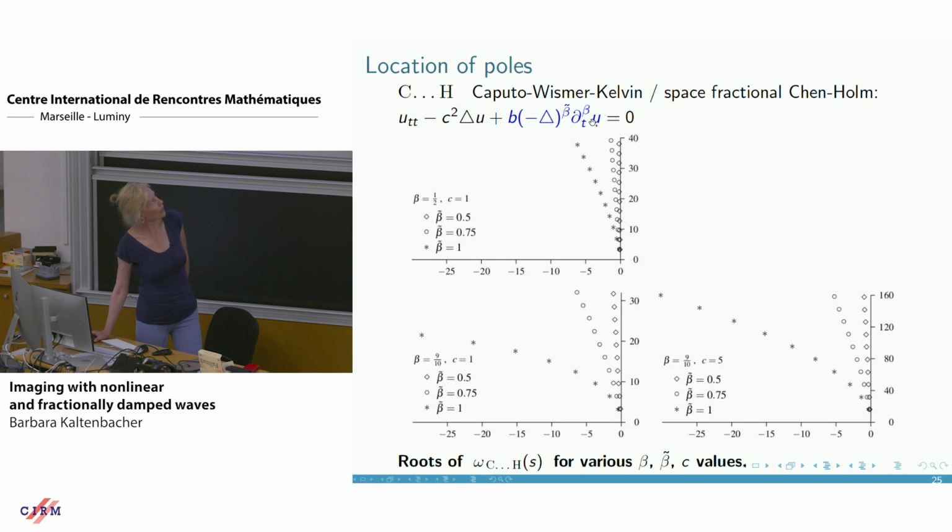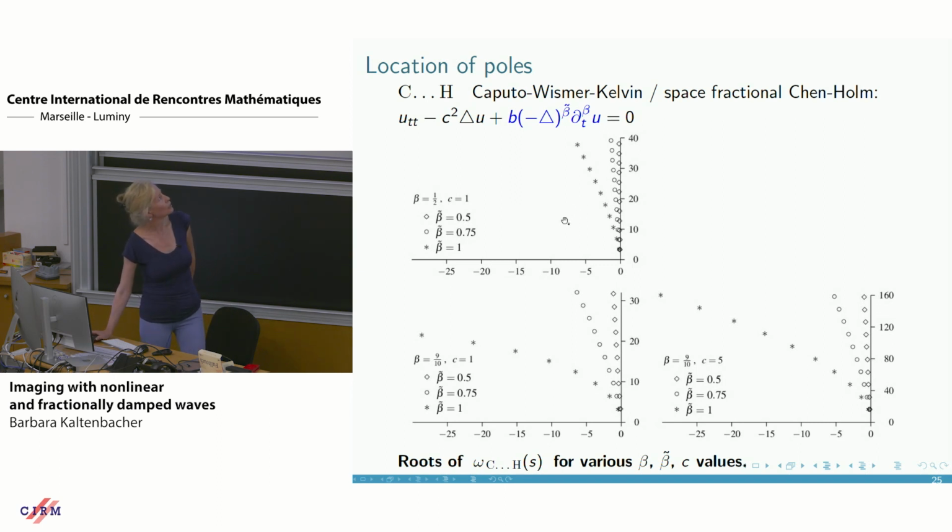We have a time derivative of order beta, accompanied with a space derivative of order basically 2 beta tilde. The betas are between 0 and 1, also allowing 1 as a value. The larger these are, the stronger the damping is.